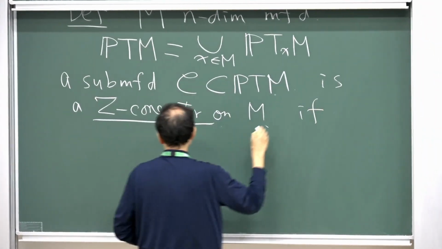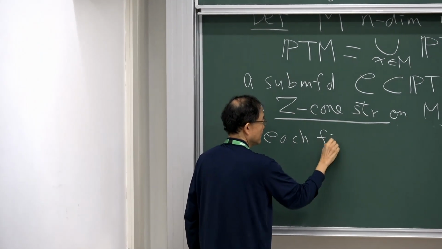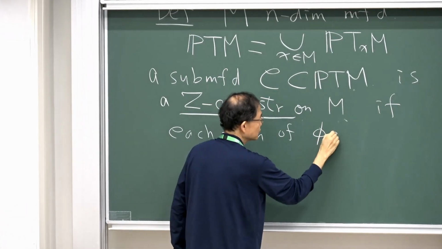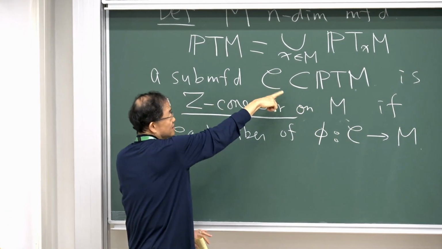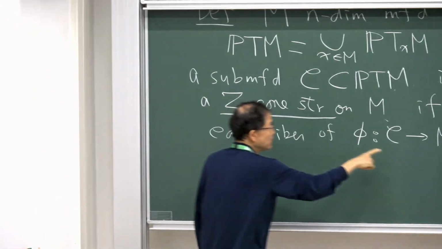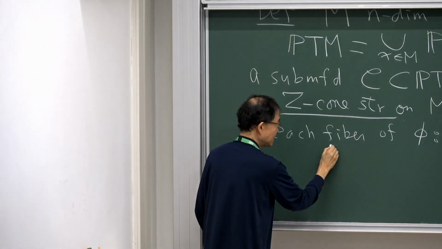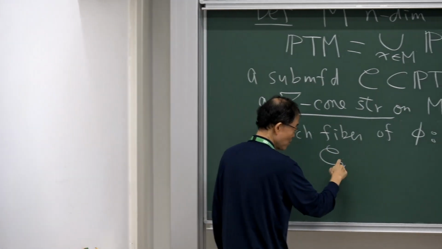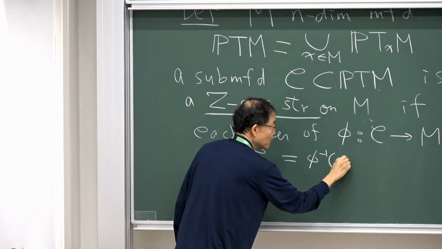If each fiber of this projection, there's a natural projection from C to M, it's a submanifold inside here, so there's a projection. So at each point x, I denote by C_x the fiber at x.